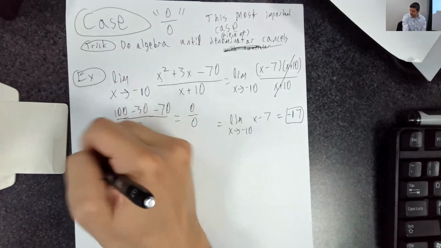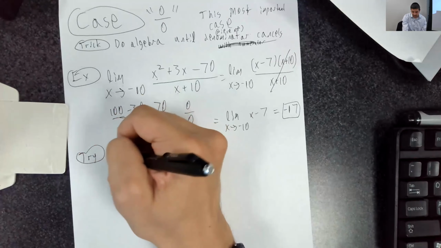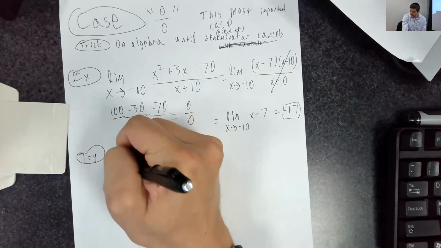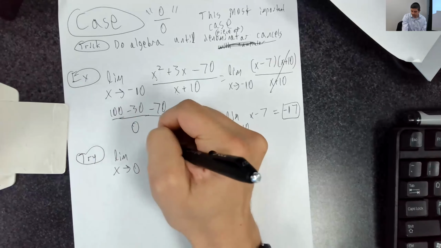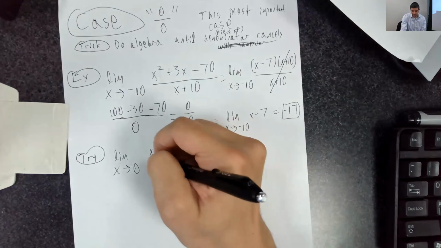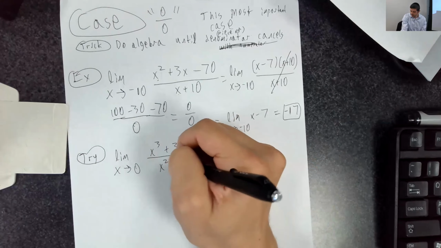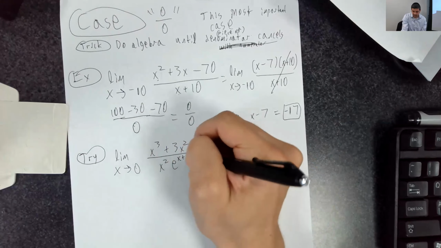Let's see, I'll do limit as X goes to 0 of X cubed plus 3X squared over X squared times e to the X plus 5.